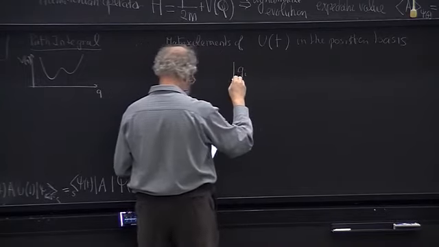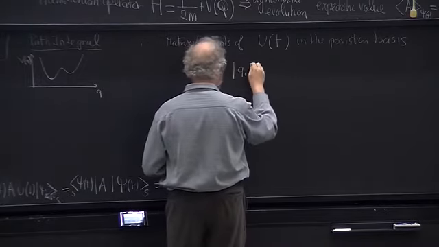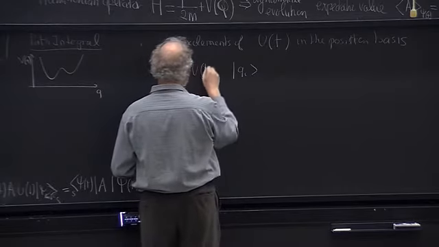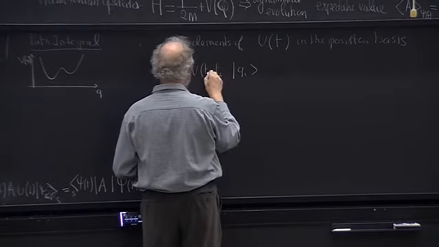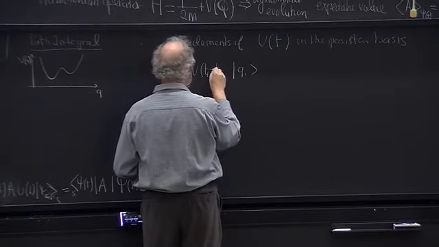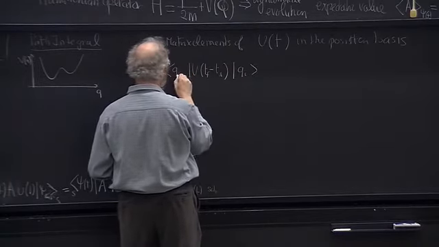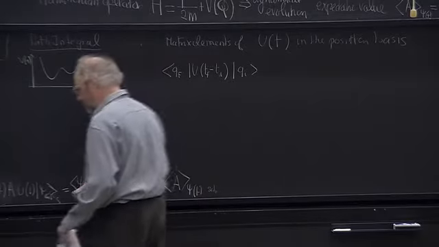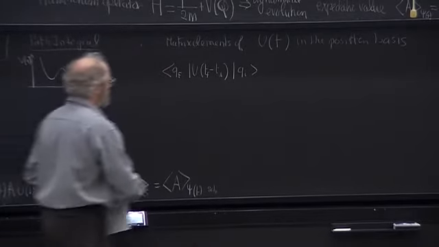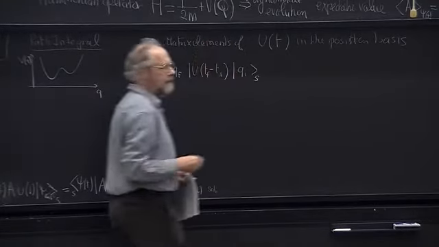And I consider that it evolves between the initial time and the final time, and then I take the scalar product with another state, q final, and this is in the Schrödinger picture. Okay?